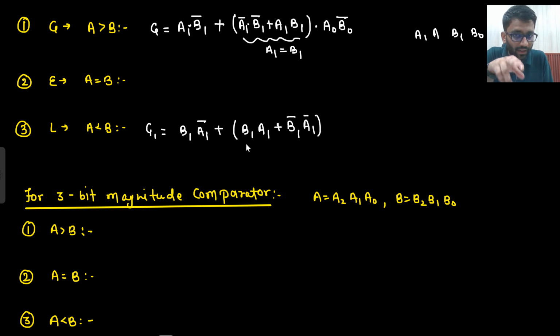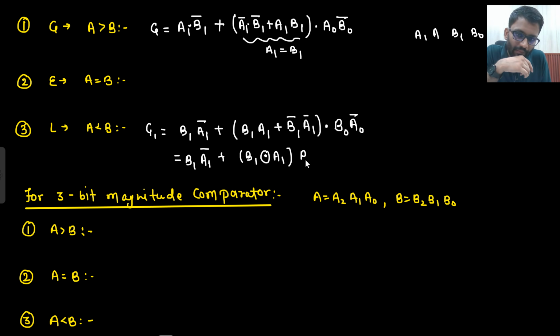So if A1 is equal to B1 and B naught is greater than A naught, that's it. This is the final answer. This could be written as B1 A1 bar, B1 XNOR A1, B naught A naught bar.